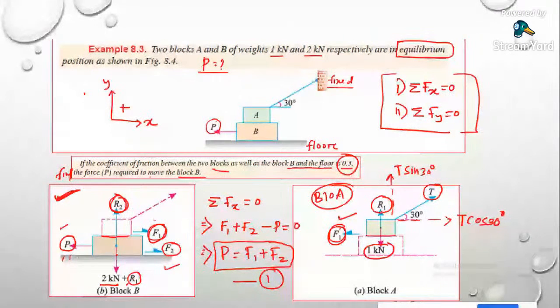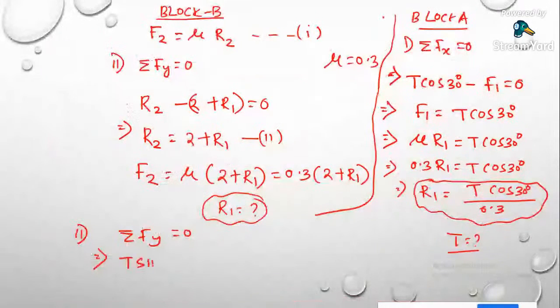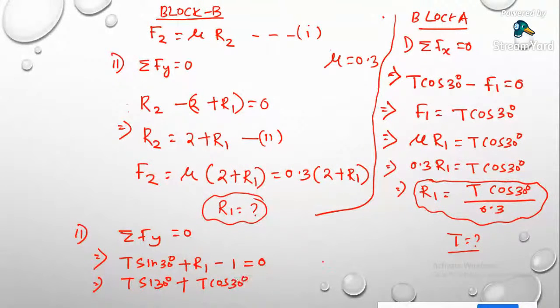That is T sine 30 degree plus R1 minus 1 kilonewton will be equal to 0. So from this equation I can put T sine 30 degree, and for R1, that is T cos 30 degree divided by 0.3, minus 1 will be equal to 0.